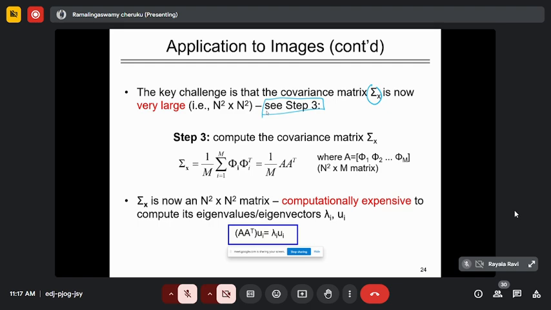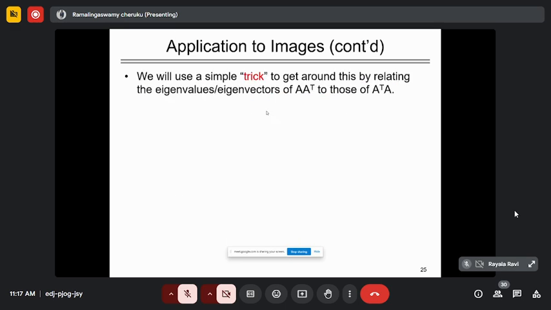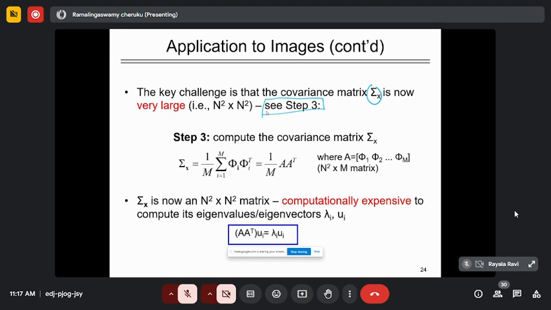Now, we will use a simple trick to get around this by relating the eigenvalues and eigenvectors of A A transpose to those of A transpose A. So let us talk about what this A is. This is how you can get the covariance matrix.